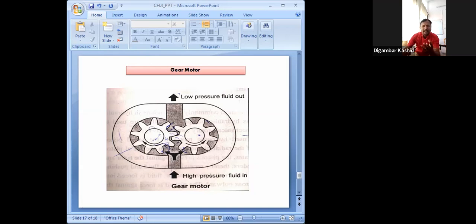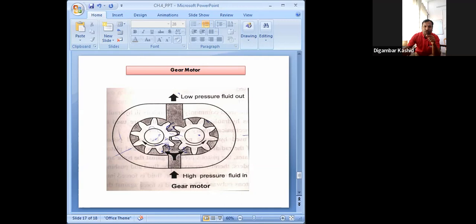Your compressed air, and due to the pressure of this compressed air, force, or pneumatic force, is going to act on this first gear. Okay, and that first gear is already meshed with this second one. So first is the drive gear and this is the idle gear.